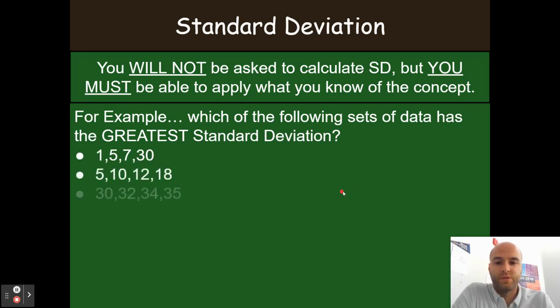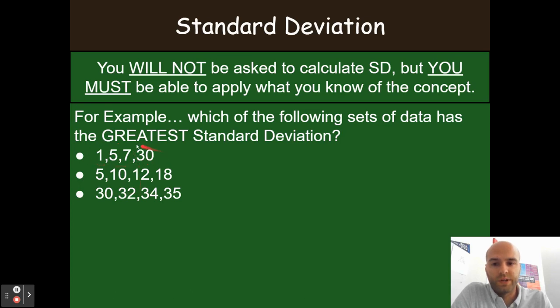Okay, so if you look at these three and you analyze them a little bit, which one would have the greatest standard deviation? Well, the range here is 1 to 30. Okay, the range here, 5 to 18, smaller than 1 to 30. How about down here? 30 to 35, smallest one of all.